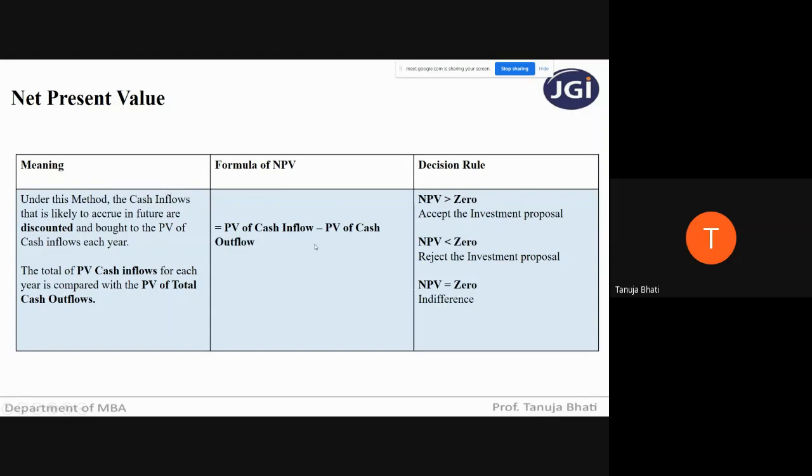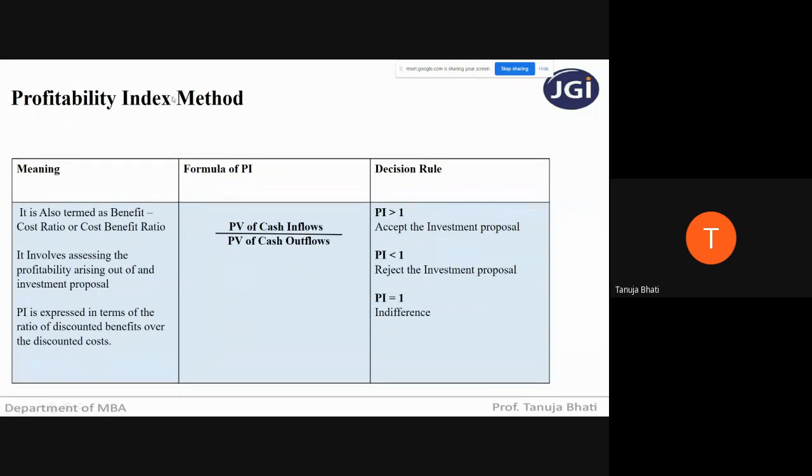Obviously, if your inflow is more than the outflow, then you're going to accept a particular proposal. The decision rule is based on comparing the NPV with 0. If the NPV is greater than 0, you accept the proposal. If it is less than 0, you reject, and equal to 0, you're indifferent. Similarly, profitability index, we had already seen, is nothing but the cost benefit ratio.